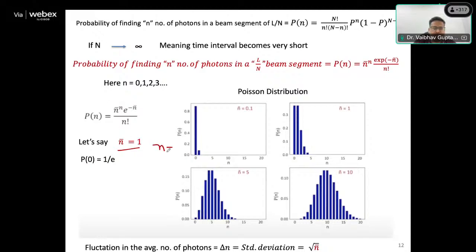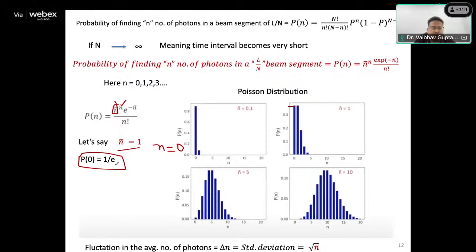All the values are given to us. 0 factorial is 1 and this is e to the power minus 1. So the probability of finding 0 photons will be 1 by e, and e is 2 point something, so about 0.34. That is the probability of finding 0 photons.